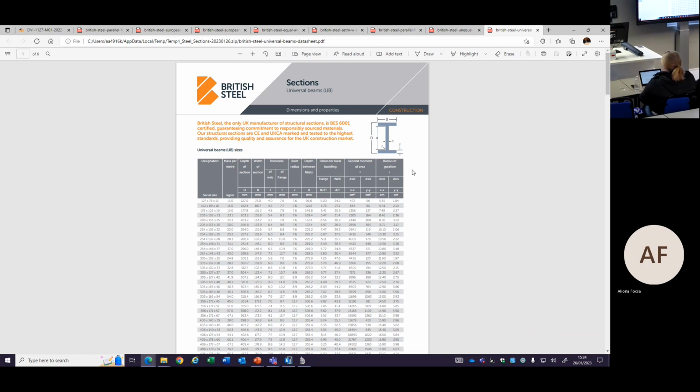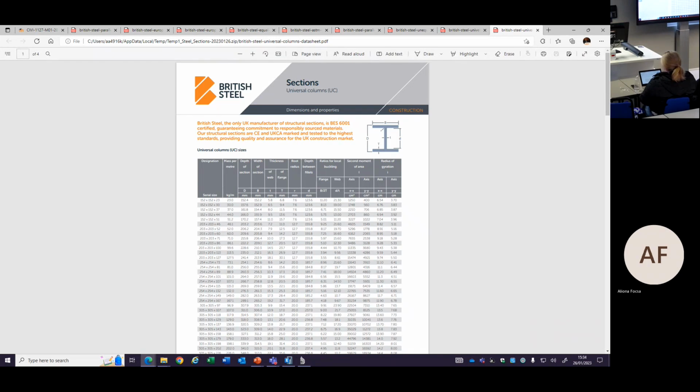They are different from IPE and also different from W sections. They are another standard of steel sections. And universal columns are somehow similar to W sections because the flange is wider. They are comparable to the W section in the United States. Universal column section.